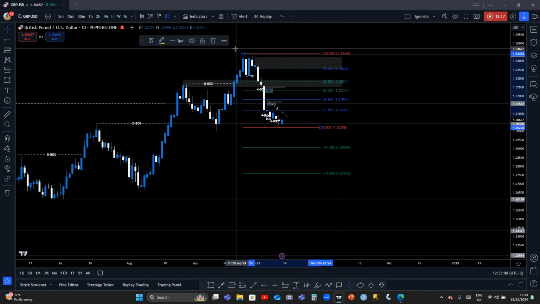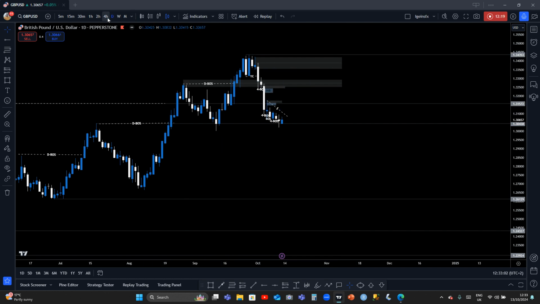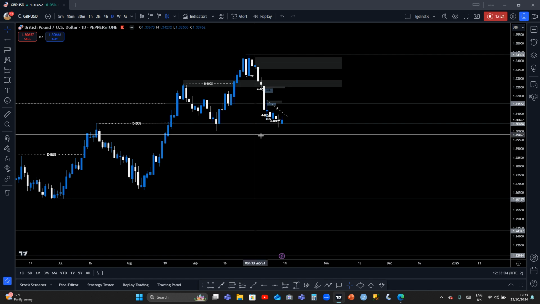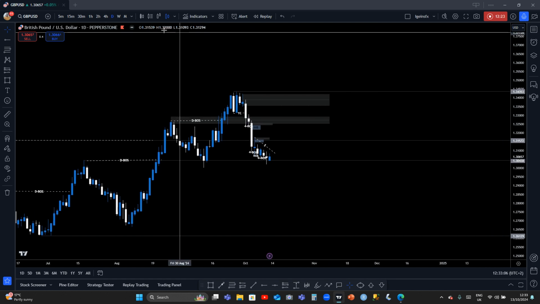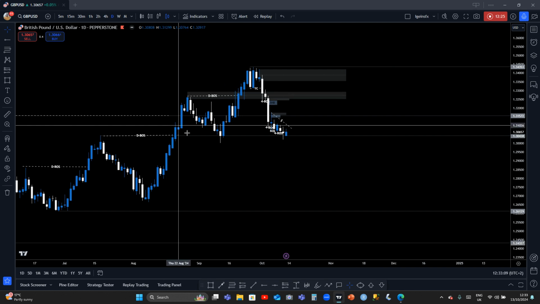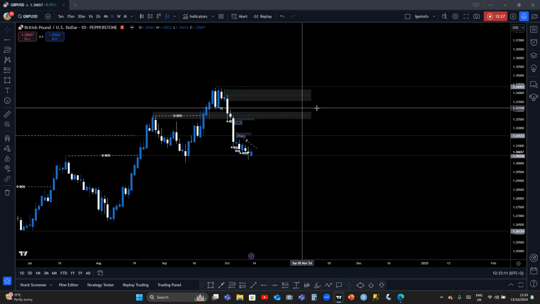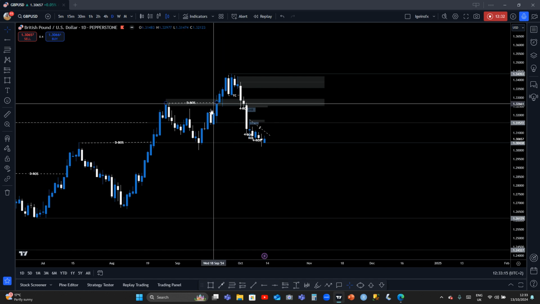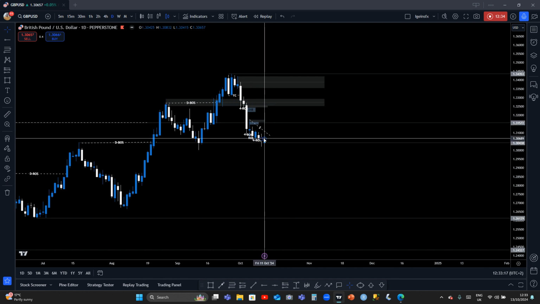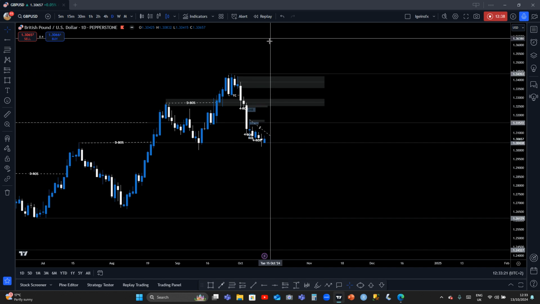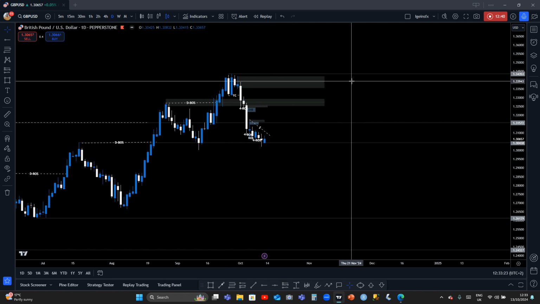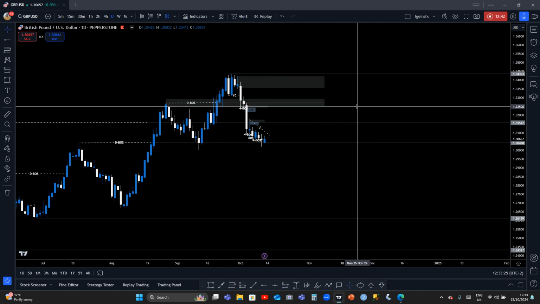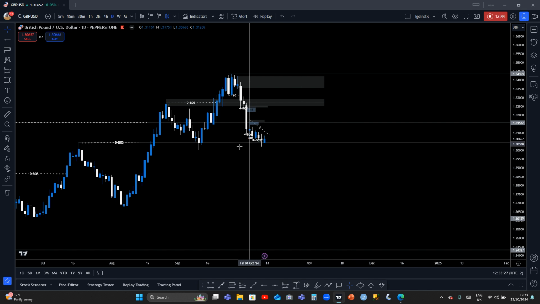So when we scale down to this daily time frame, if you are the type that places your entry on the daily time frame, if you're a swing trader, don't expect this move again to break the structure up. No, because on the higher time frame we are pointing bearish.